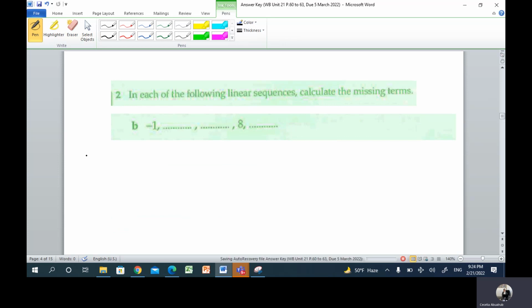So we have the n, which is 1, 2, 3, 4, 5, 6, etc. And then the nth, which are the numbers of the sequence. The first term here is known, which is -1. The second term is unknown. The third term is unknown.